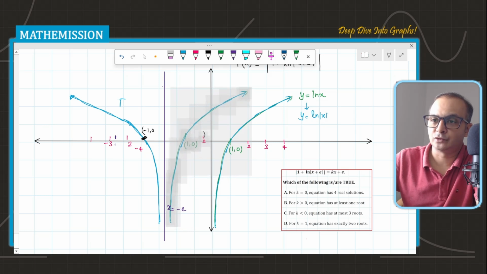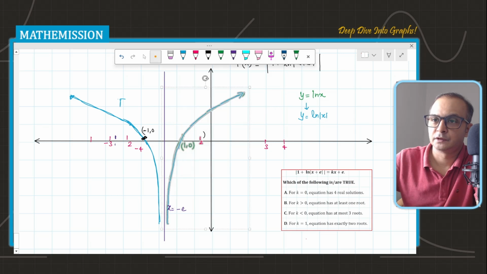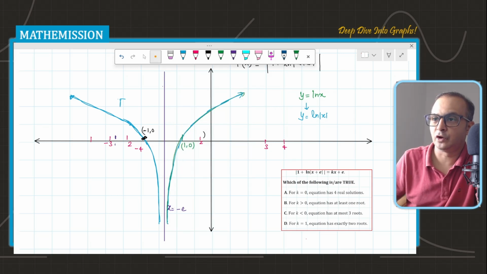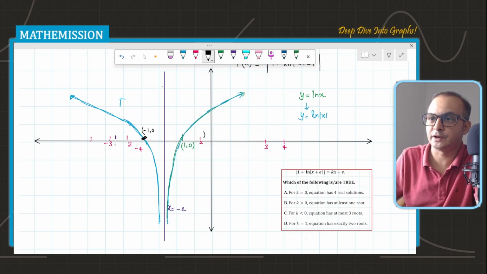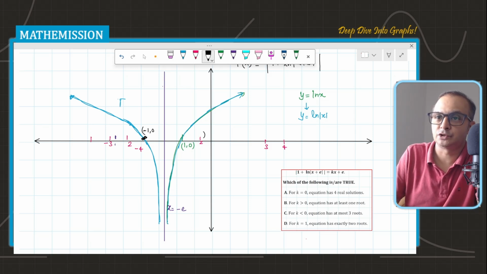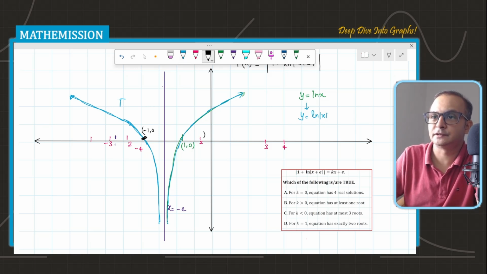So this is now the graph of, you can see this is the graph of log of x plus e. So let me just write it. These two branches all together is indicating the log of x plus e after shifted. So y is equal to log of x plus e.